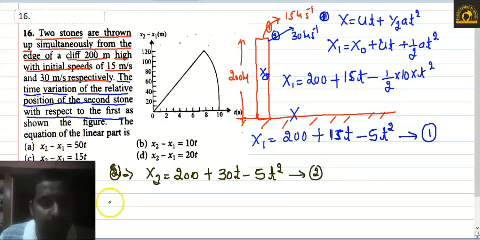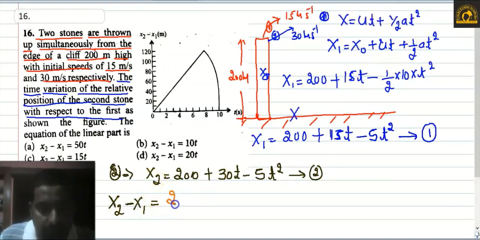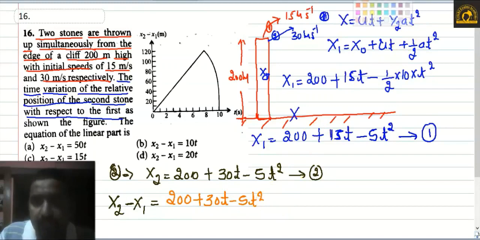According to that, x2 minus x1. x2 is 200 plus 30t minus 5t square, minus x1, which is 200 plus 15t minus 5t square, so that is minus 200 minus 15t plus 5t square.